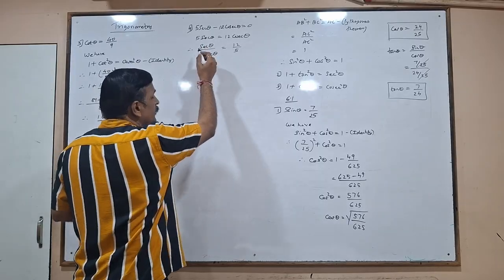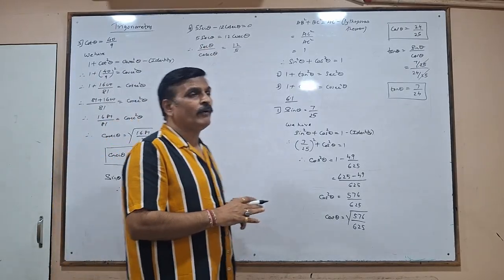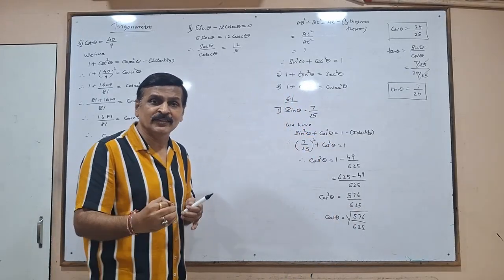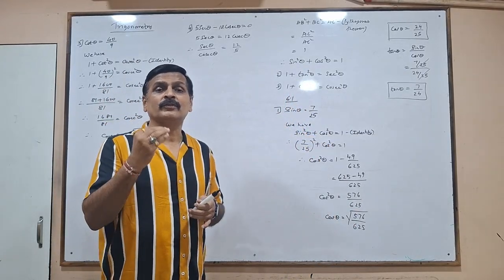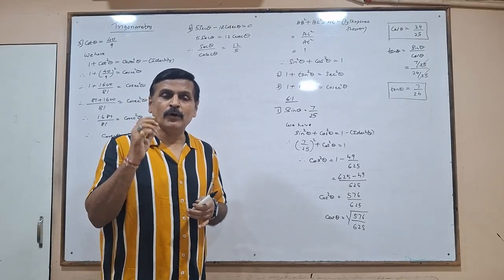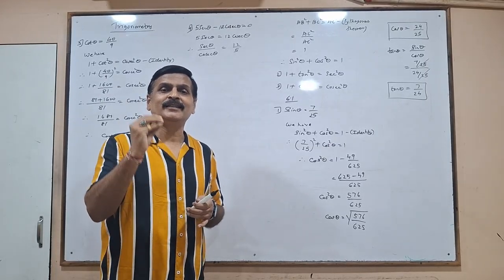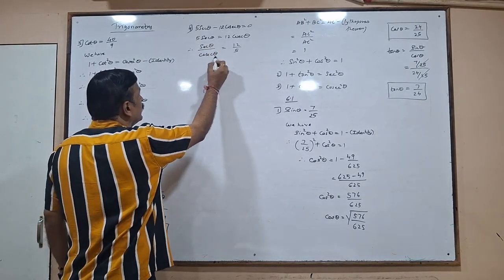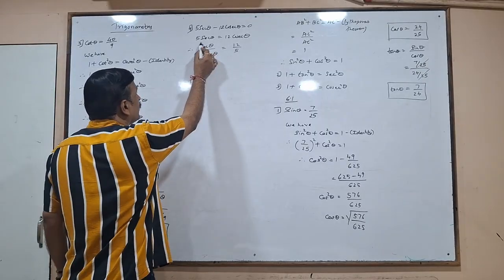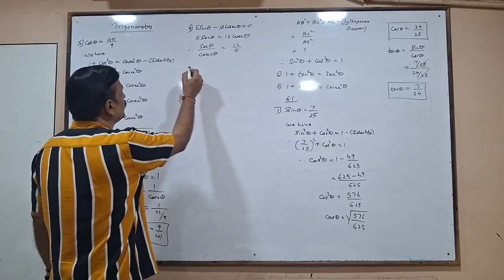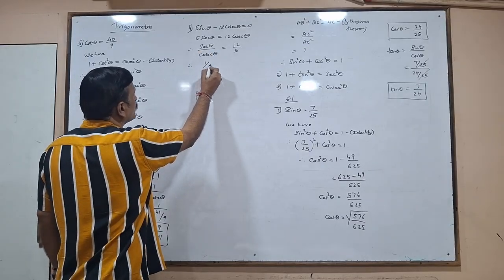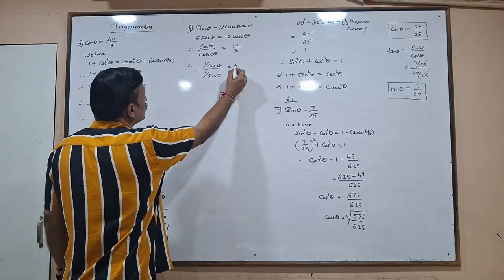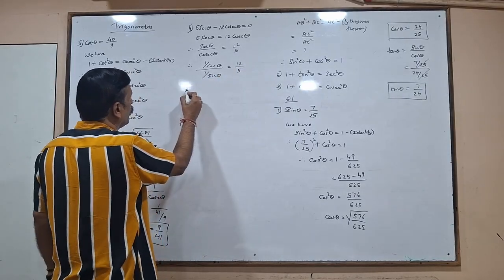Now, in trigonometry, if I want to simplify anything, the easiest way of simplification is to convert everything to sine and cos, because all the ratios are related to sine and cos. We know cosec is a reciprocal of sine, sec is a reciprocal of cos. So let us write: sec is 1 upon cos, cosec is 1 upon sine, equal to 12 upon 5.